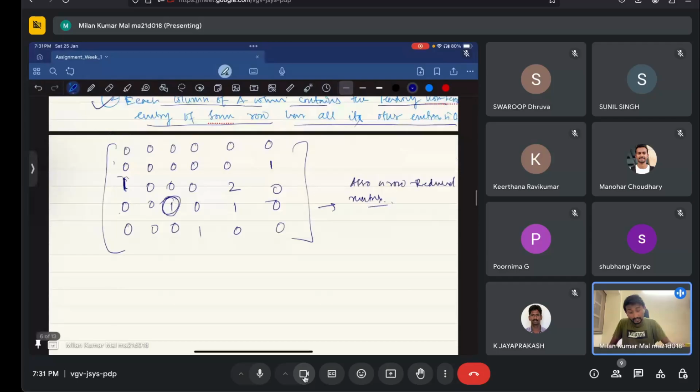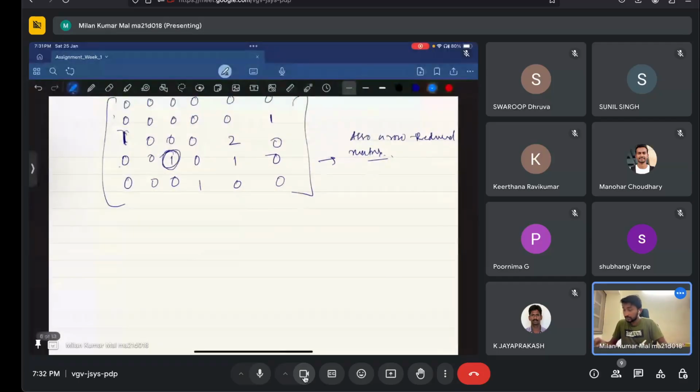Okay. That just needs some more things to get the row reduced echelon form.